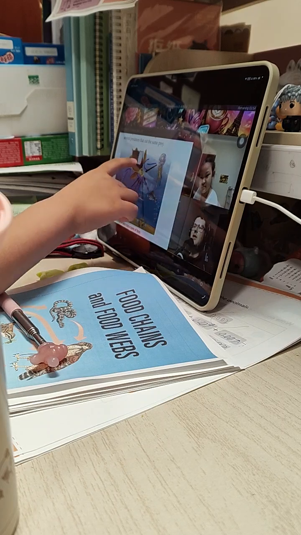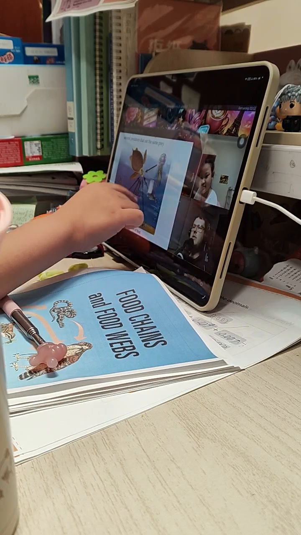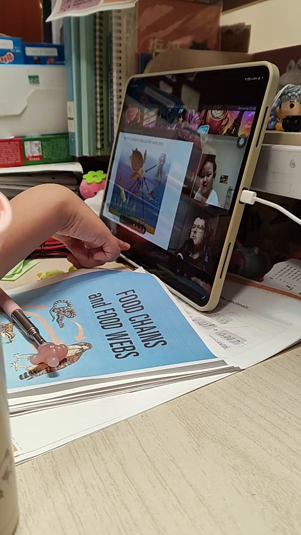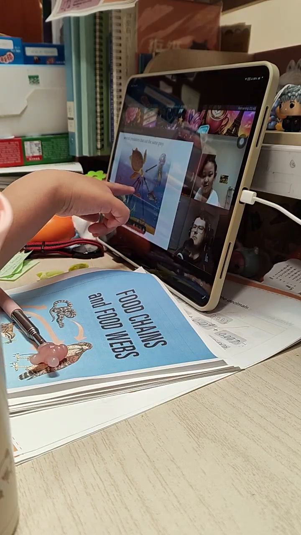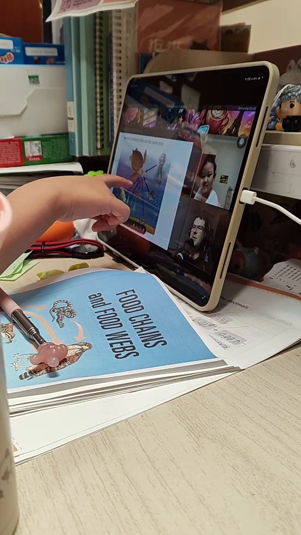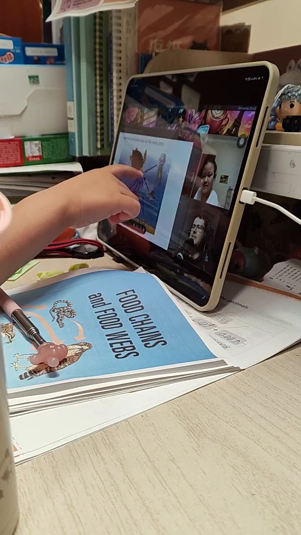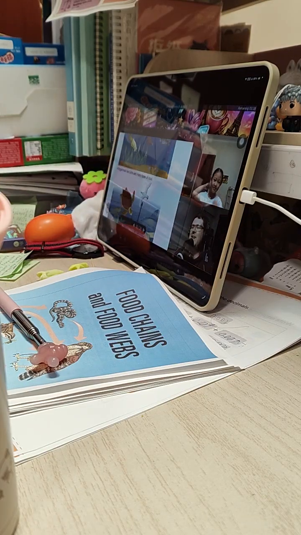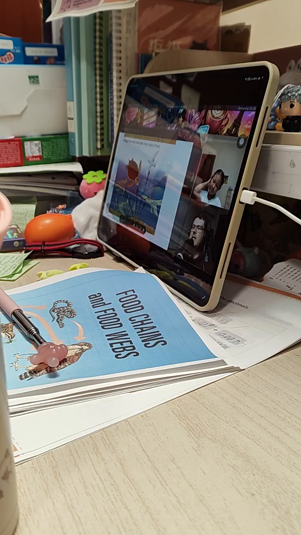Good. Now, what do you think is the top predator in this picture? It's definitely the turtle because everyone is going to the turtle. Good. If we have a next session, we're definitely going to work through some examples. I just want to make sure that you understand all of the concepts in this class.